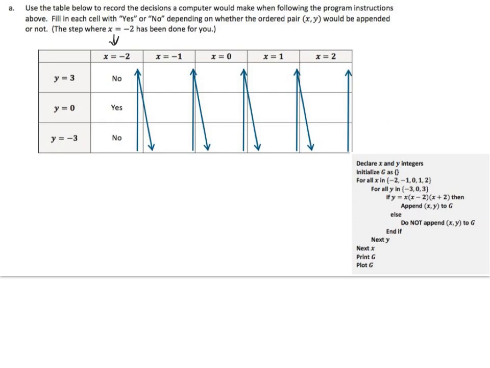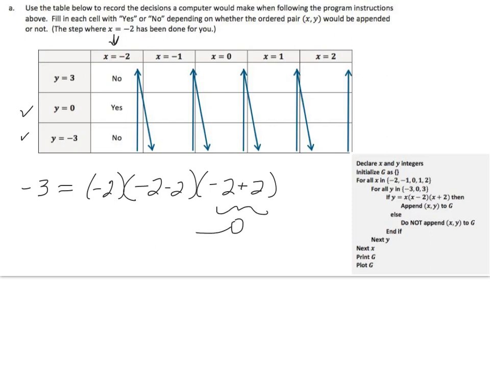If I show you, let's do two of these. We're going to do y equals -3 and y equals 0. So I have -3 equals x times (x minus 2) times (x plus 2). Well, this term right here gives me a 0, and if I multiply a 0 times a 0, the whole right side of the equation is 0.